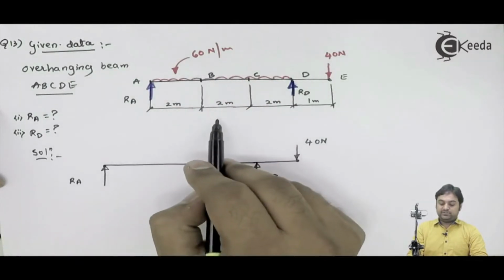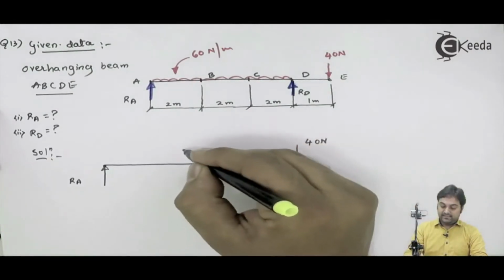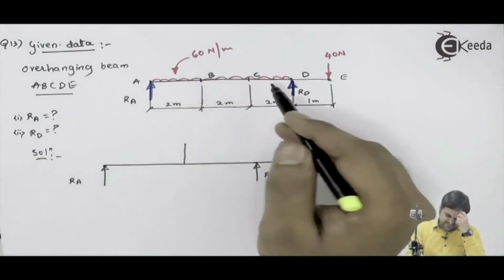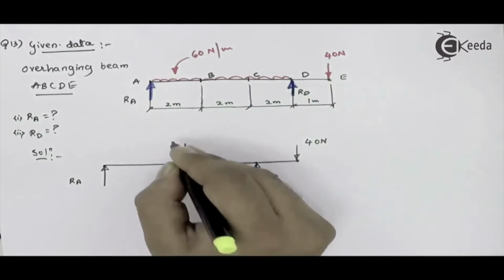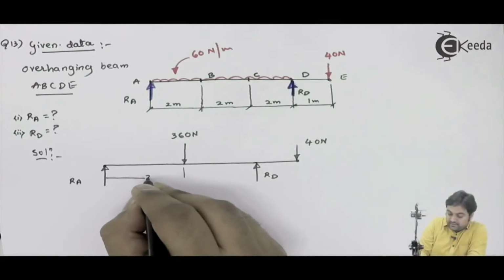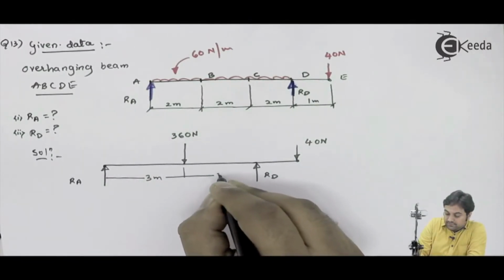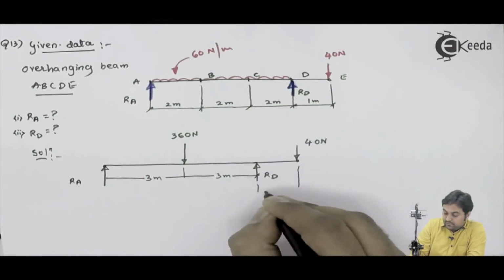So it is 60 into 6, which gives me 360 Newton, acting exactly at half, that is at 3 meters from both the sides. Then this 40 Newton is at 1 meter distance.